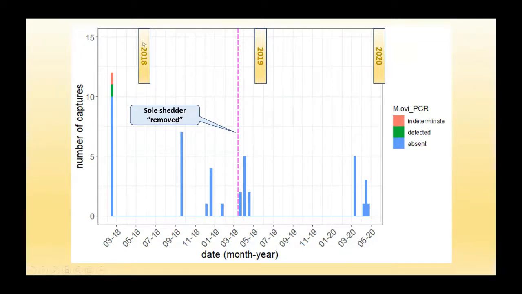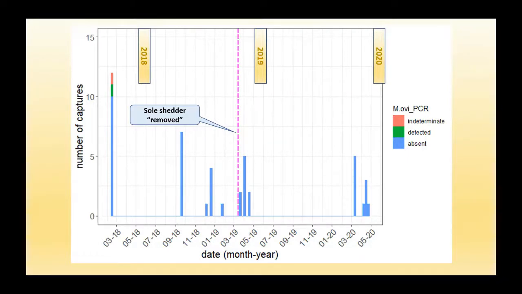These bars up here at the top, 2018, 2019, and 2020, give the rough timing of lamb drop in this population. So what it means basically is that in 2017 and 2018, we know, or we suspect, based on the testing, that there was at least 1 active shedder present for those lambing and lamb rearing periods.